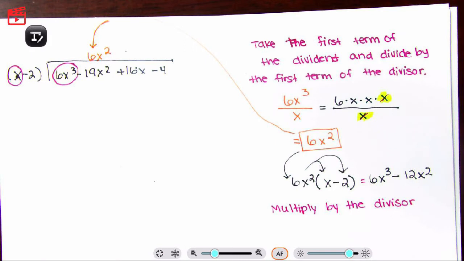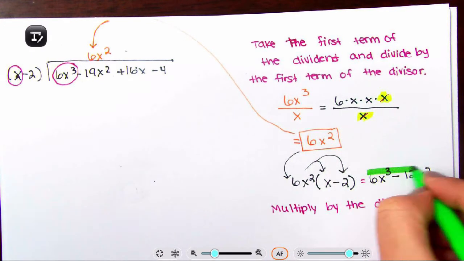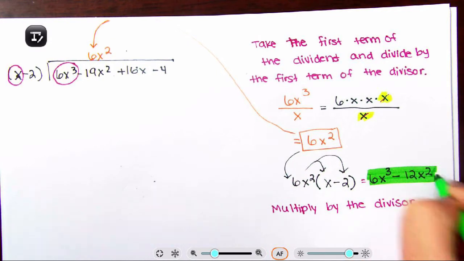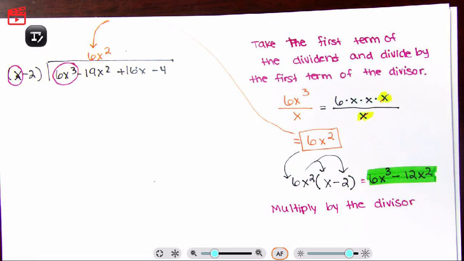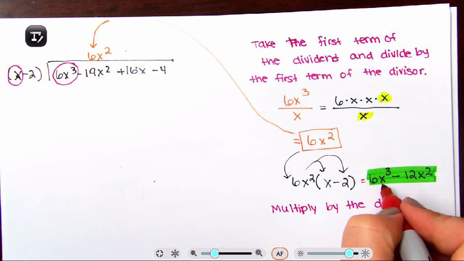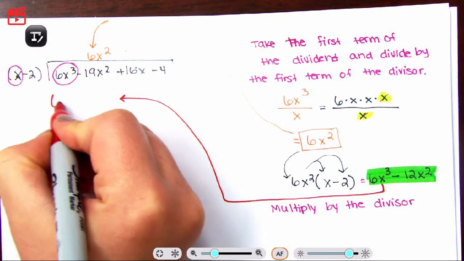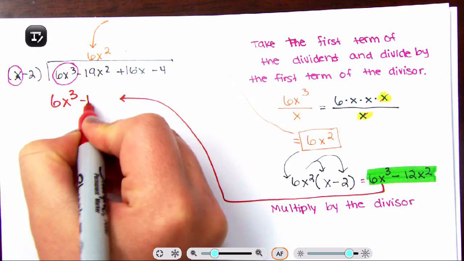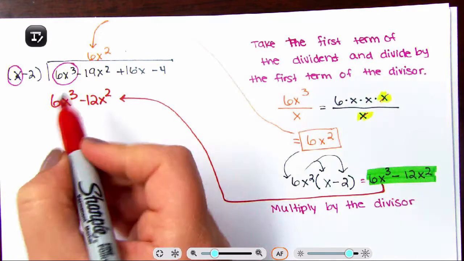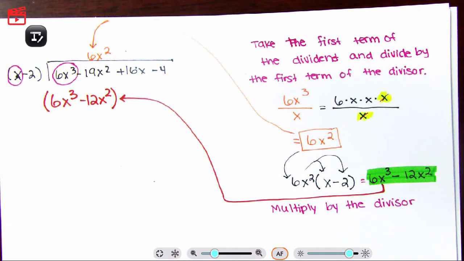You're going to take this product, this answer, and write it underneath. I'm trying to color code things for you. You're going to write it underneath your 6x cubed minus 12x squared, and put that in a bubble.